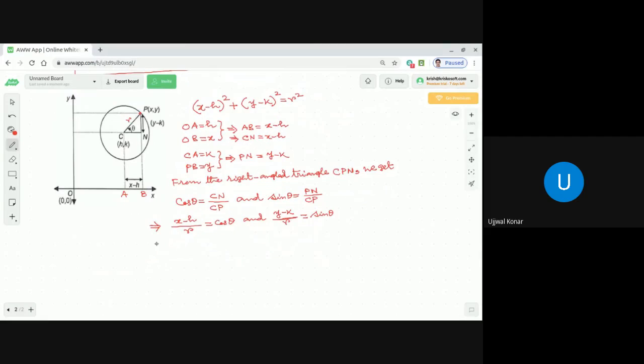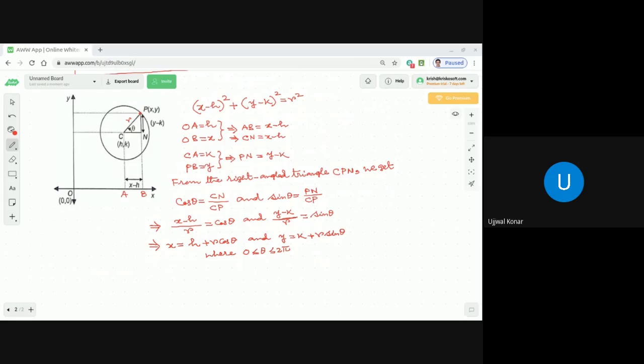So from here, what we get is that x is equal to h plus r cos theta and y is equal to k plus r sin theta. Correct, dear students? What you observe here is that, like the previous case, 0 is less than or equal to theta, less than or equal to 2 pi, because theta can vary from 0 to 2 pi.